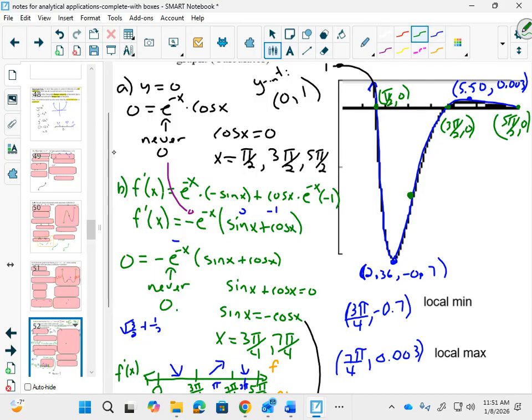And there might have been another one here. But we can now graph complicated things accurately if we wanted to. Yeah, I know you're thinking, why would I want to?